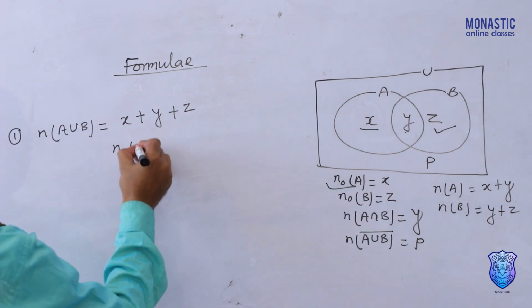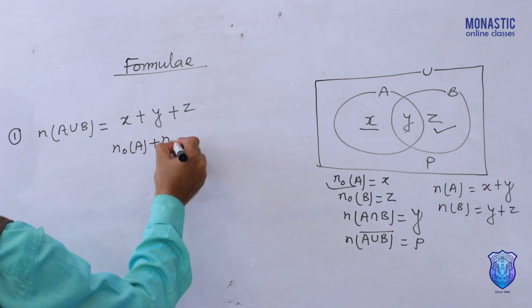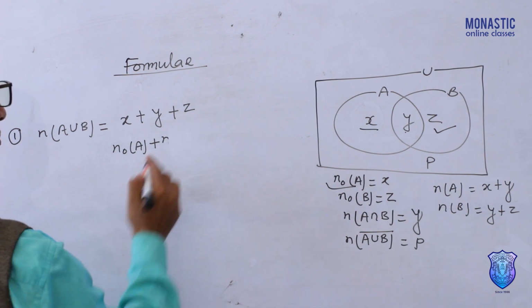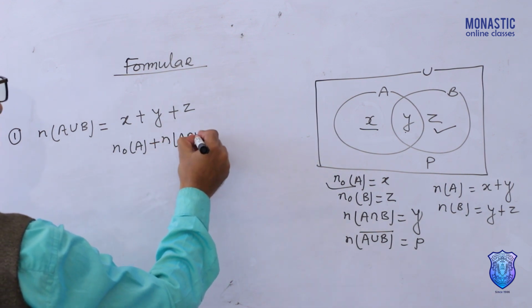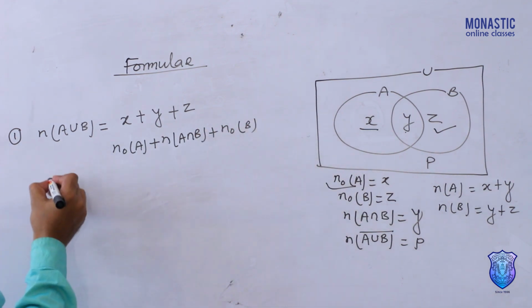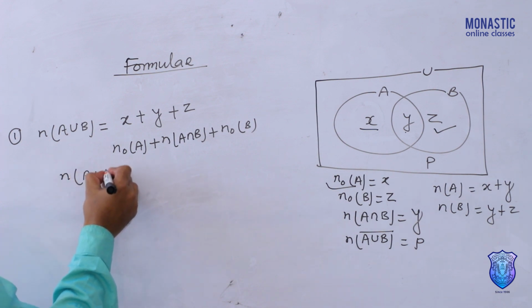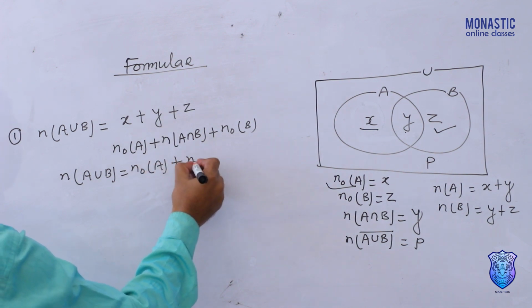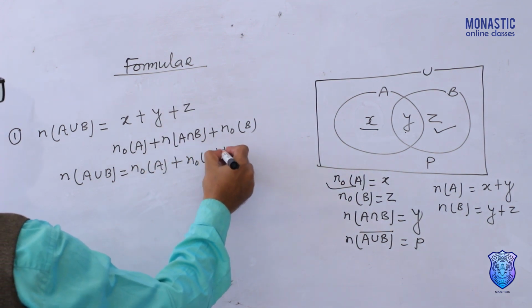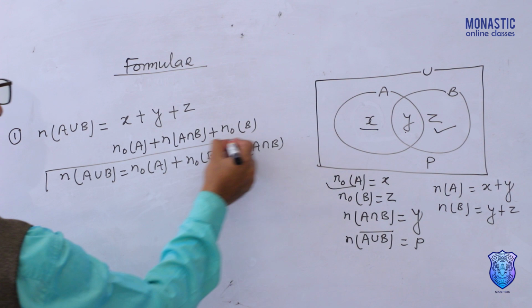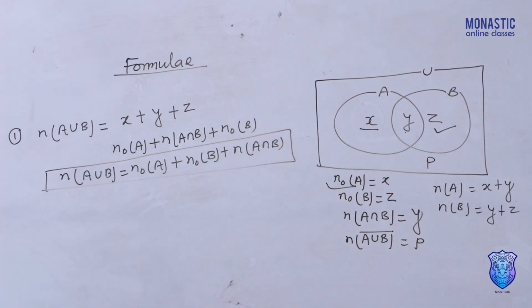Number of only A. Y represents number of A intersection B, and Z represents number of only B. So we have the first formula of union: number of only A plus number of only B plus number of A intersection B. That's the first formula for number of A union B.